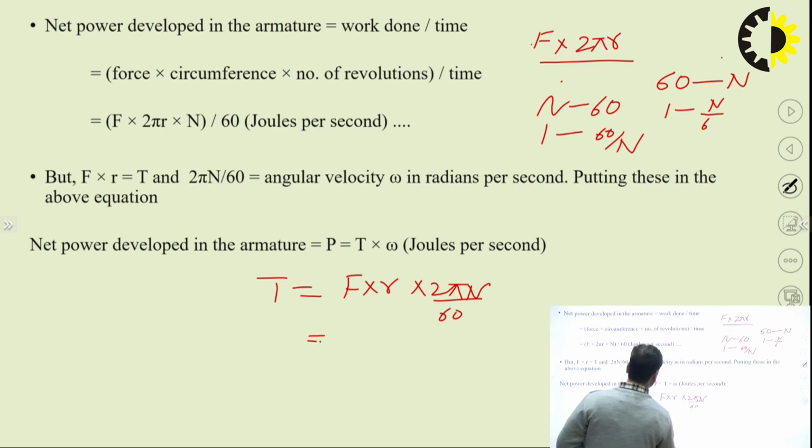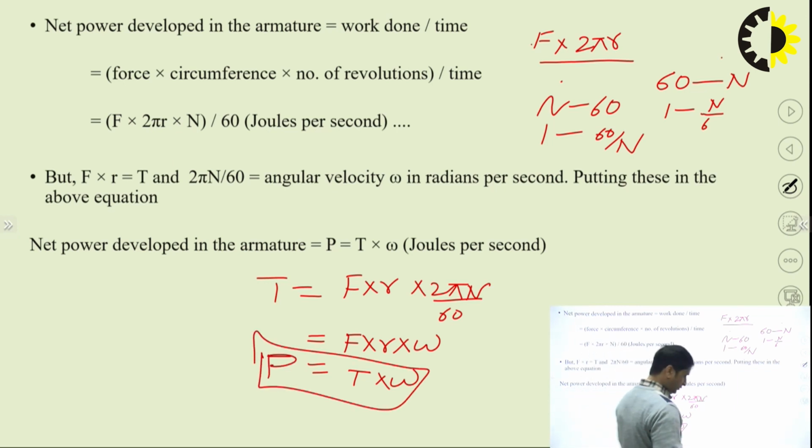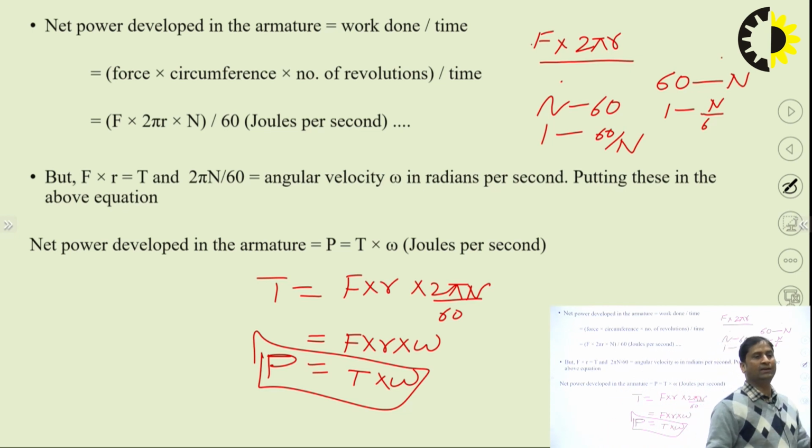So this is F into R into omega, and this F into R is the torque, so it is torque into omega. This is the net power developed in the armature.